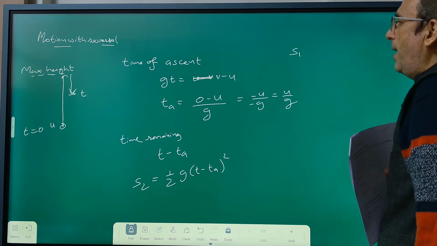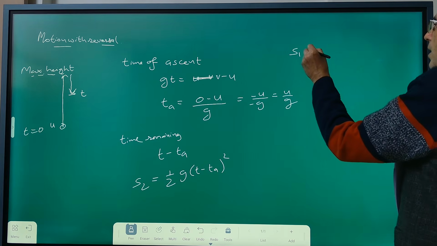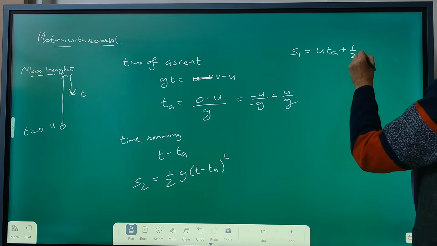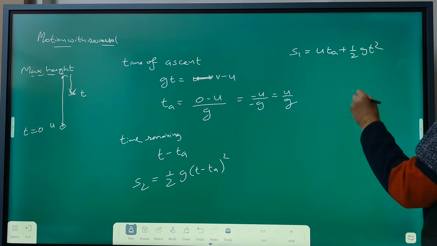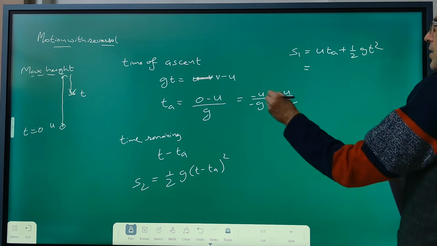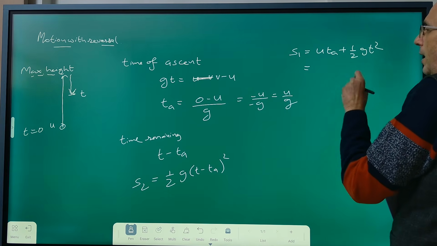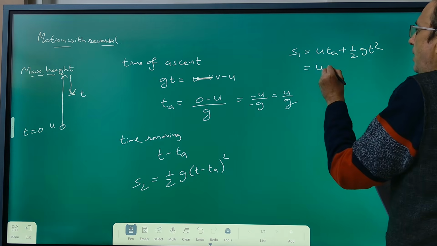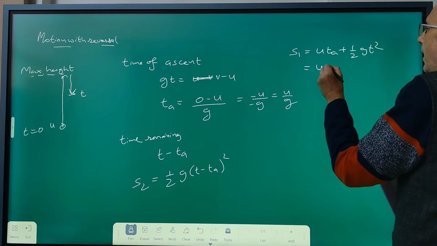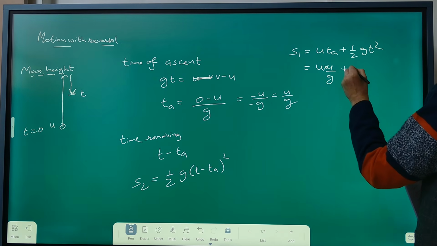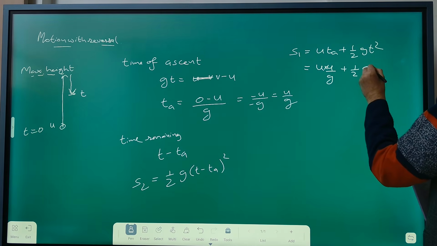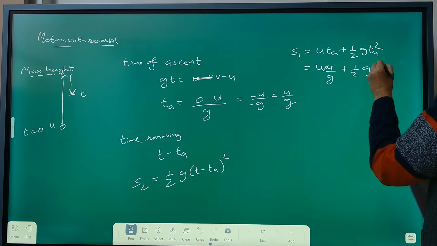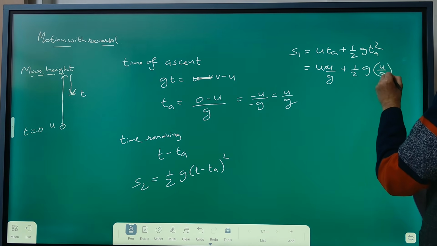So how will you calculate the maximum height since you know the time of ascent? S is equal to u ta plus half g t square. You just plug it in: u is given to you, and ta is u by g, plus half g, where g is given to you, and t square again is (u by g) whole square.